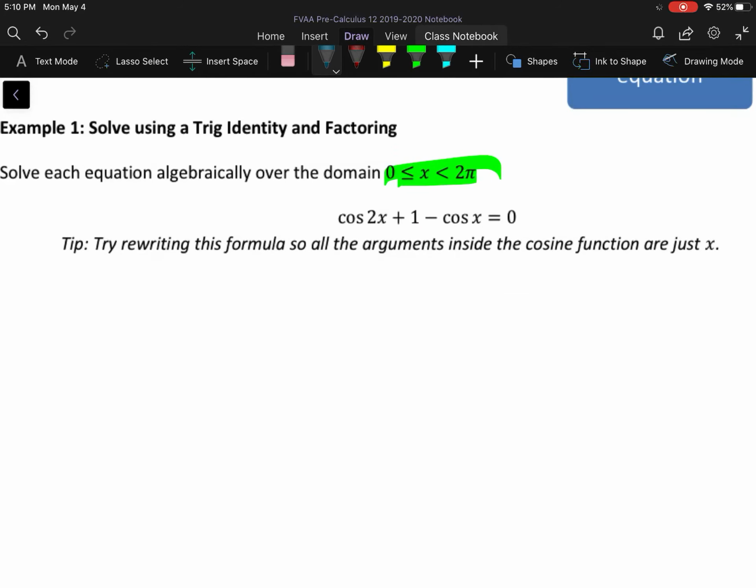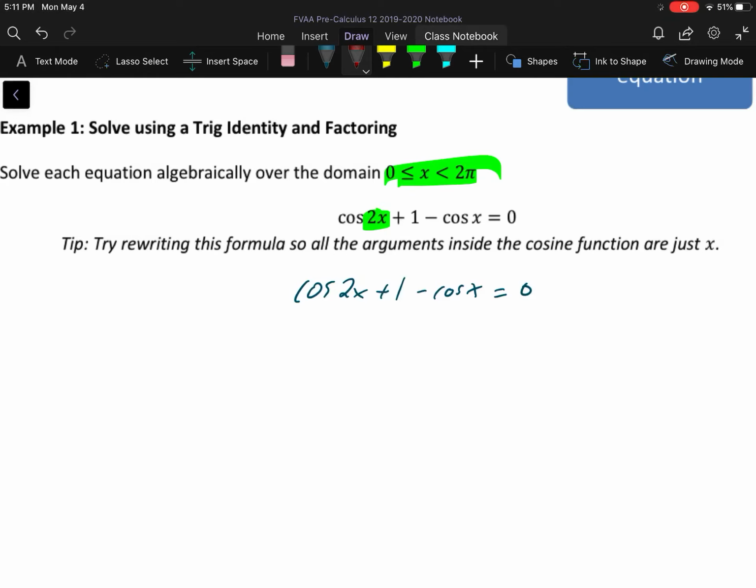We want to rewrite this formula so that all the arguments inside the cosine function are just x. We don't want any double angles involved here. But at the same time, because I'm solving an equation, I don't want to introduce sine or tan unless I have to. So when I start off with cos 2x plus 1 minus cos x equal to 0, I'm going to substitute cos 2x with the identity that only has cos in it, no sine or anything else.